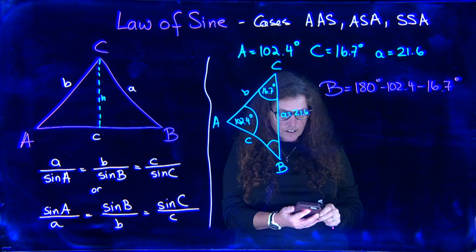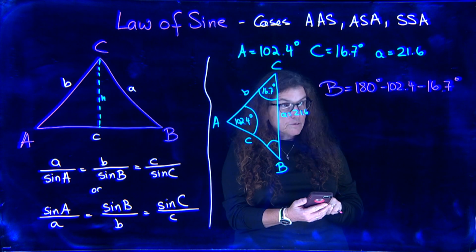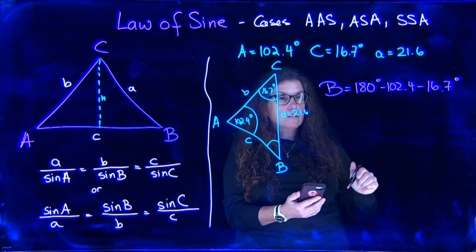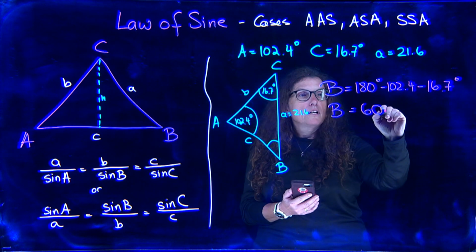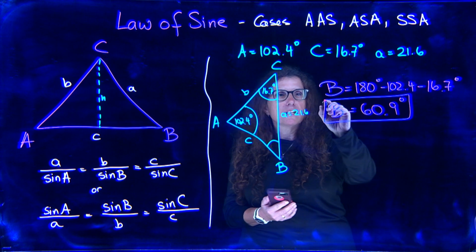I do have a calculator now. 180 minus 102.4 minus 16.7 is equal to, so angle B is 60.9 degrees. Here you go. We got all our angles.